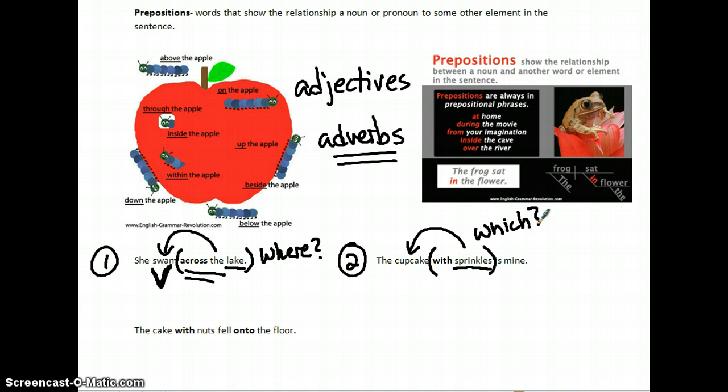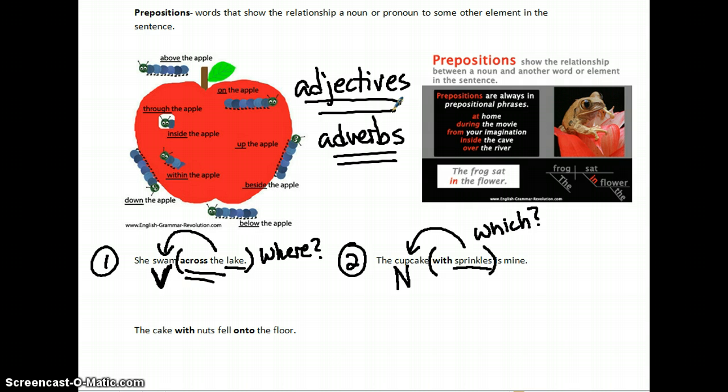Which one? The one with sprinkles. And therefore, it's modifying or describing cupcake. And cupcake, unlike swam, which was a verb, cupcake is a noun. So with sprinkles, the prepositional phrase is acting like an adjective.